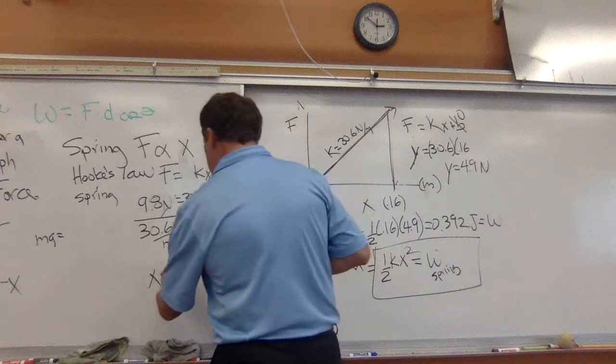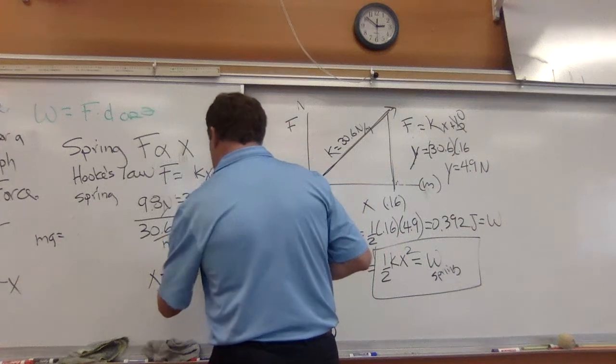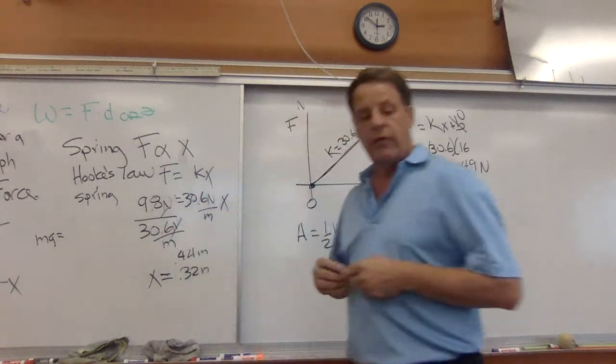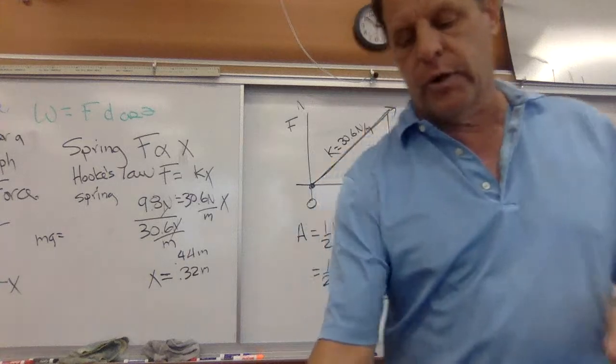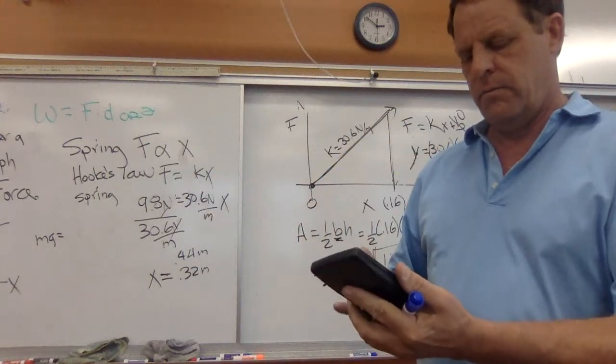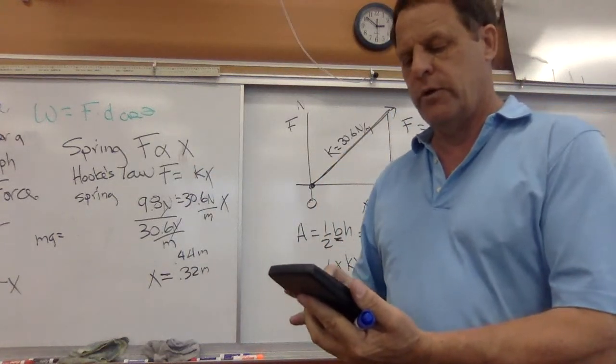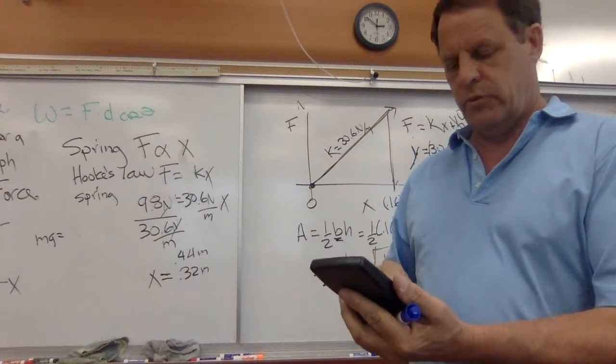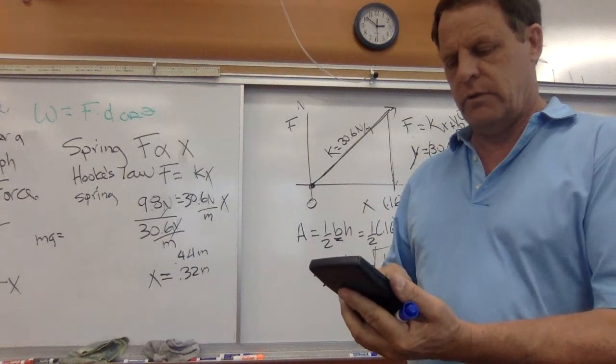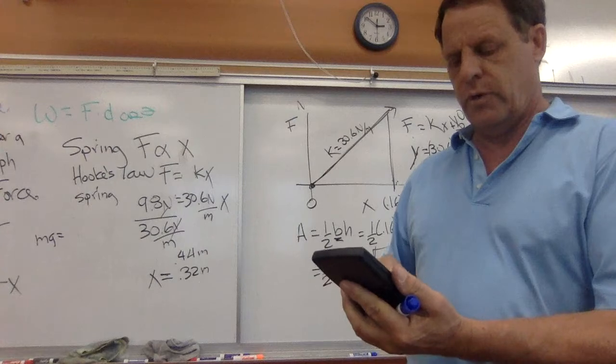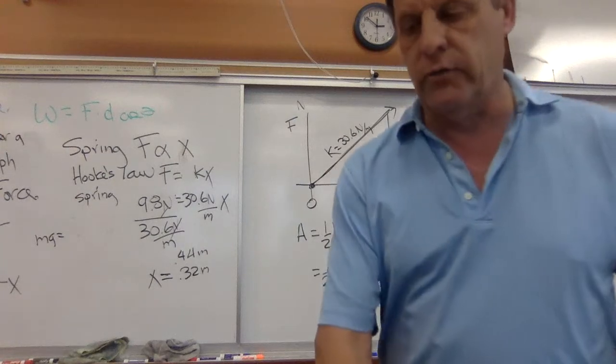And remember that we started off at 0.44. So we're going to add 0.32 plus 0.44, which is equal to 0.76.